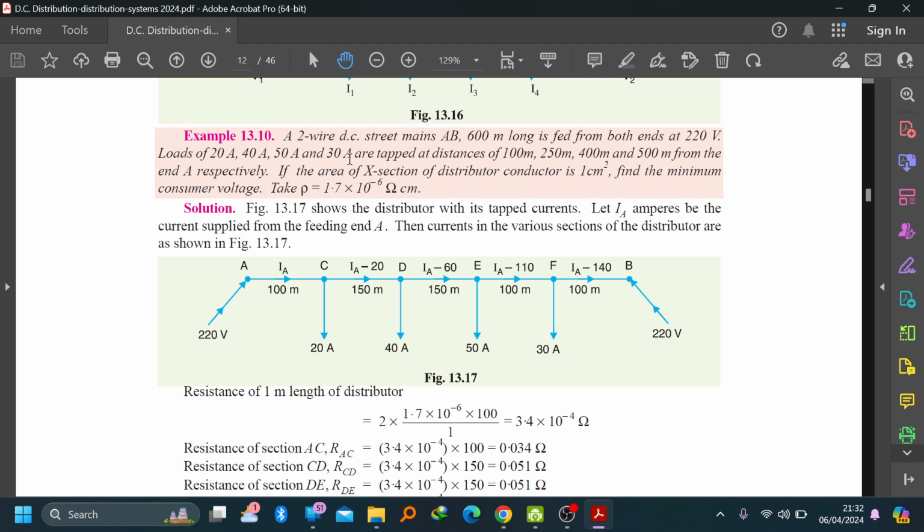If the area of cross-section of the distributor conductor is 1 centimeter squared, find the minimum consumer voltage. Take resistivity equal to 1.7 times 10 power negative 6 ohm centimeter.